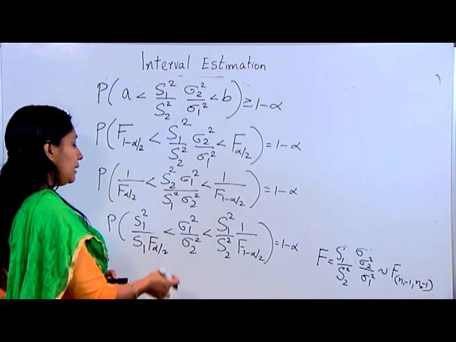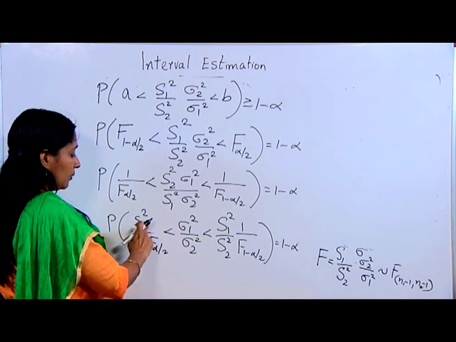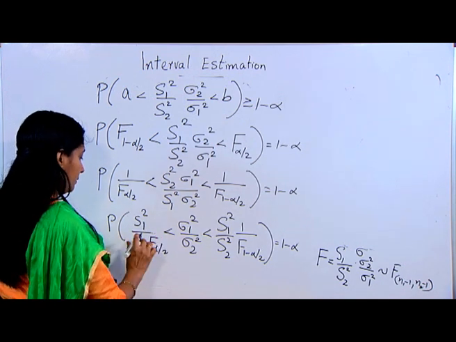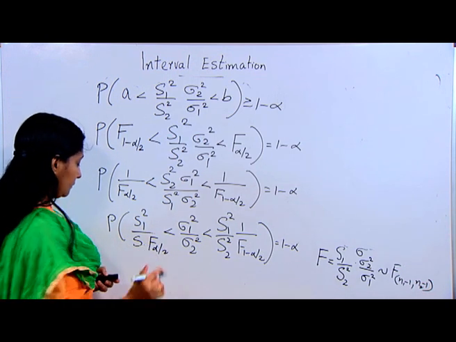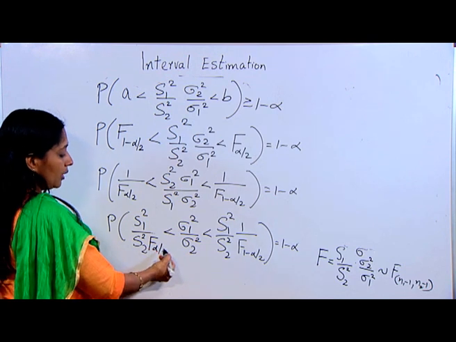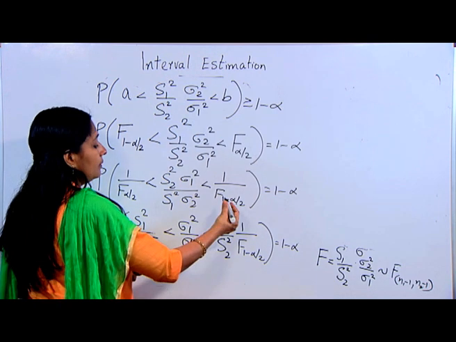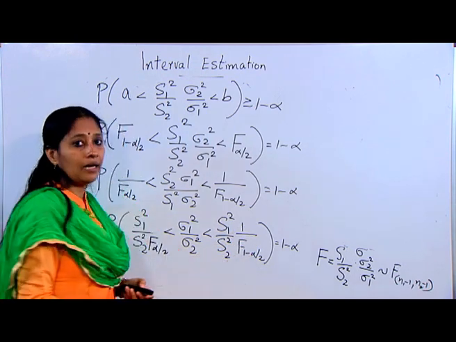And hence, the confidence interval for the ratio of variances is s1 square by s2 square F alpha by 2 and s1 square by s2 square times 1 by F 1 minus alpha by 2.